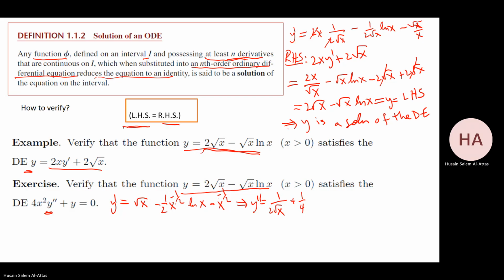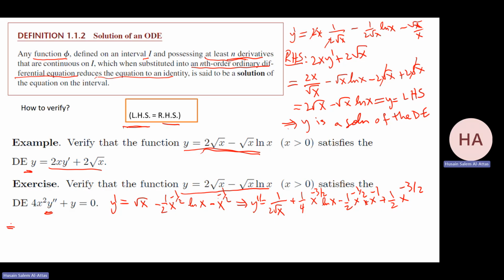I have the product. Plus 1 over 4 x to the minus 3 over 2 ln x, minus half x to the minus half times 1 over x, times x is minus 1. This one will be half x to the minus 3 over 2.